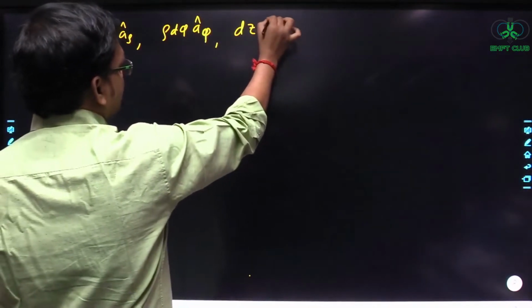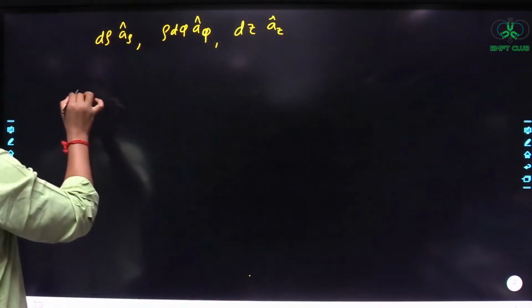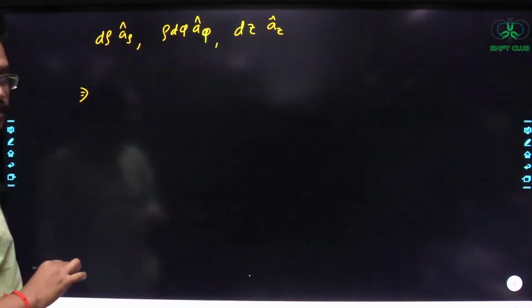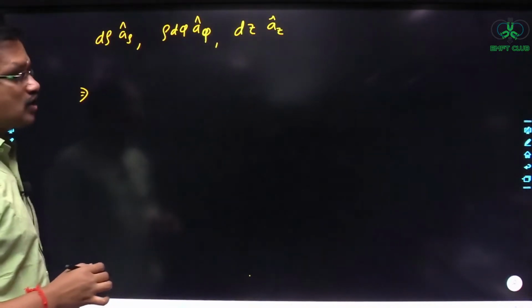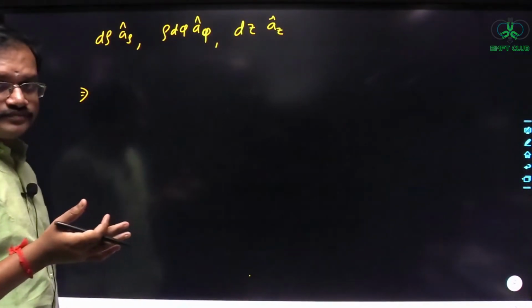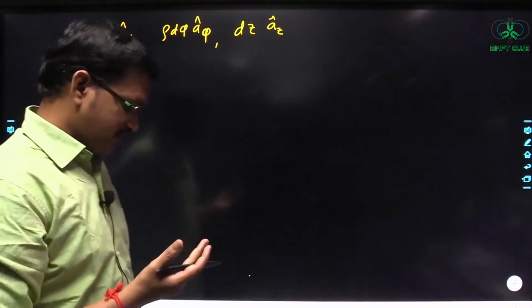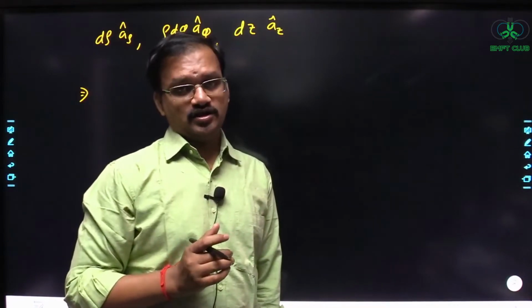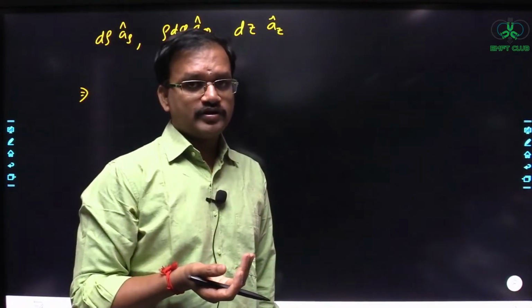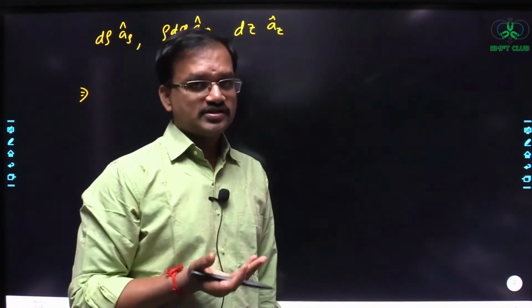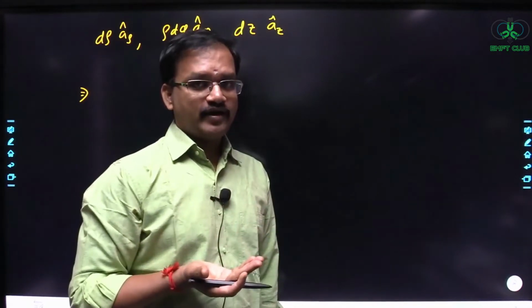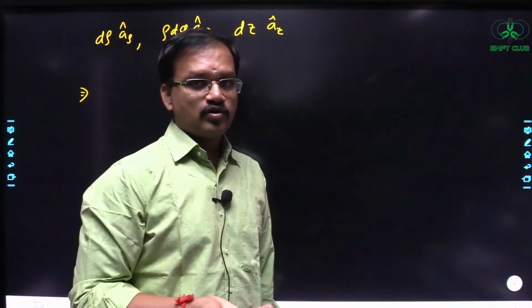In order to determine the differential volume, we take d rho a rho cap, rho d phi a phi cap, dz az cap. What I have told here is: take any small differential surface and extend that surface in its perpendicular direction, then you are going to get the volume. That is the concept we followed in rectangular, so here also the same concept we are going to follow.